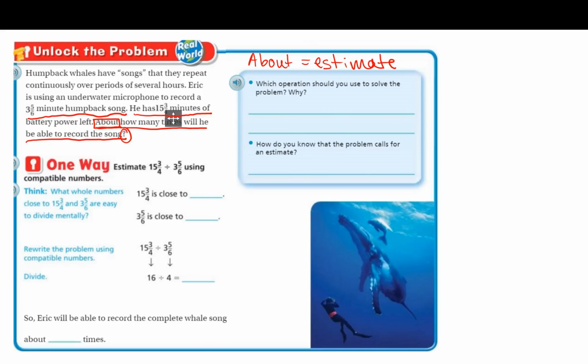So we have one question, so we're going to have one answer. So let's go over here to this little blue box. Which operation should you use to solve the problem and why? Well, of course we know we're going to be using division. We already talked about that. But the why is always the most important.